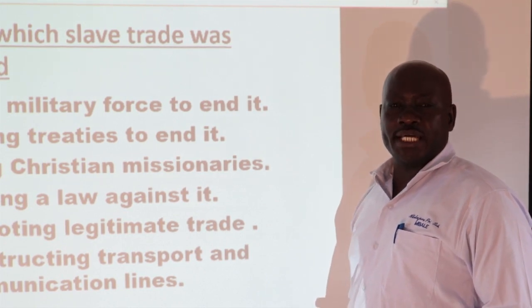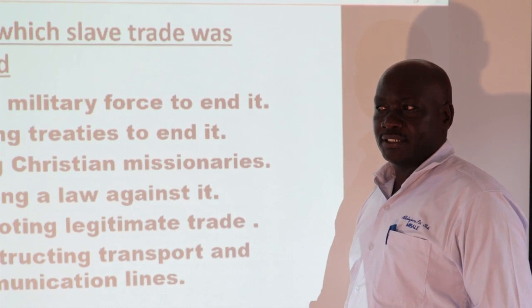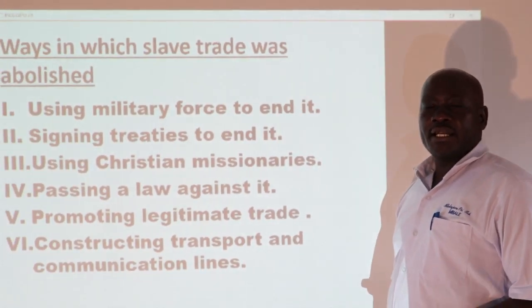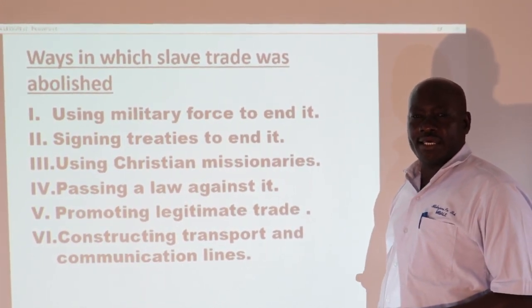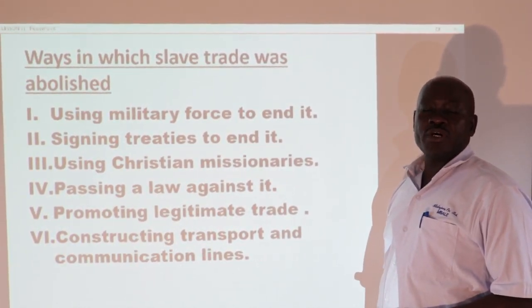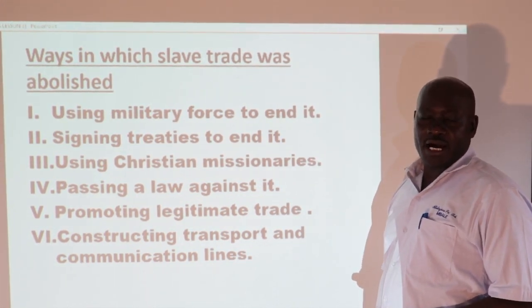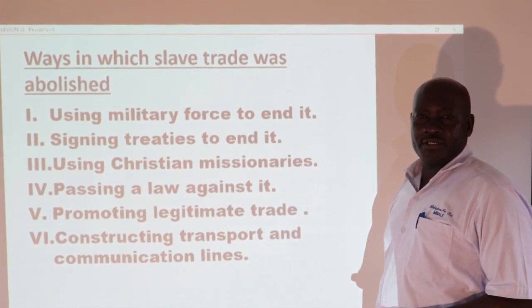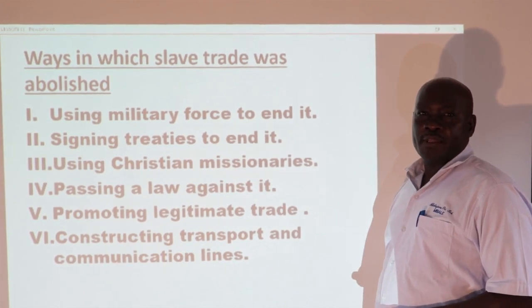The Sultan also changed. Since the Christian missionaries and the Europeans stopped them from doing that, they said, let us continue with the slave trade, but we are selling slaves only to Asian countries or Saudi Arabia and those countries in the Middle East. They were no longer dealing with European countries. So it continued.